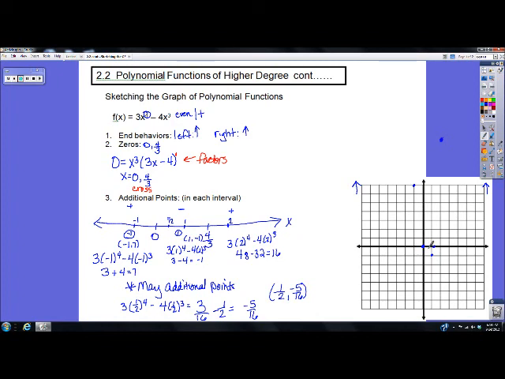So positive 1/2, -5/16 would be around in there, giving us something like this for our graph. Cross here, crossing here. My little pen is not drawing very good.